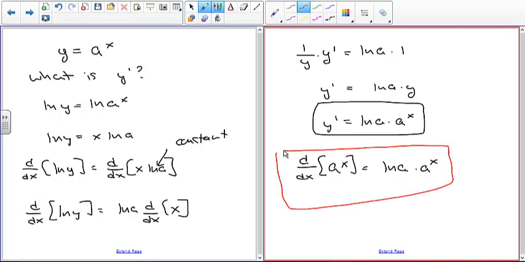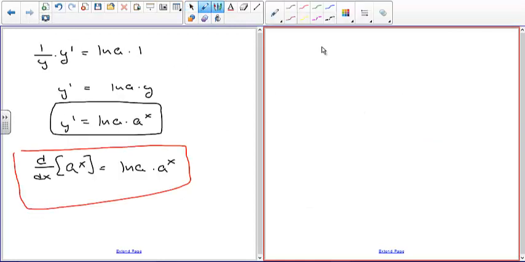Okay, now we do have the question of what is the integral of a to the x. So let's do that one. Well, it wouldn't be surprising if you thought, well, I have the derivative of a to the x is natural log of a times a to the x, so the integral of this is going to be that.